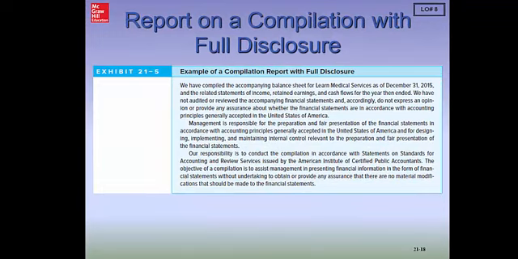We could complete a compilation with full disclosure. Full disclosure is identifying management as responsible for the presentation of the financial statements. Our responsibility is to conduct a compilation in accordance with the Statements on Standards for Accounting and Review Services issued by the AICPA.